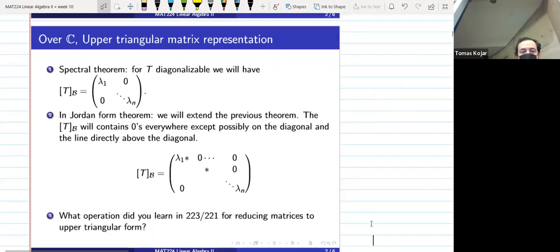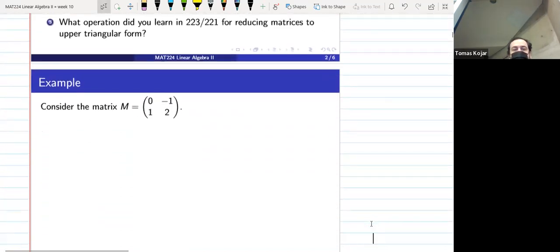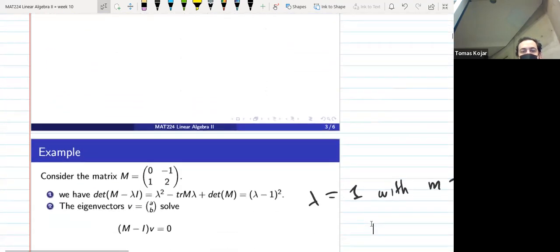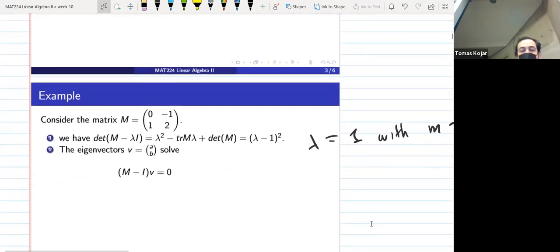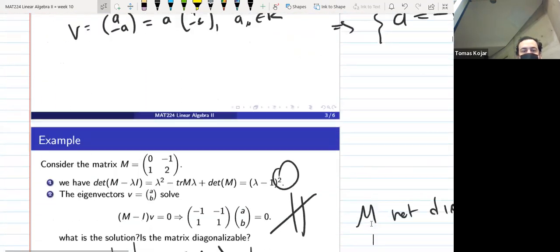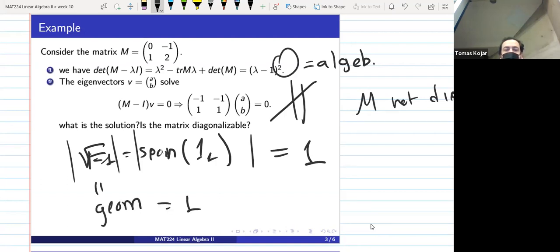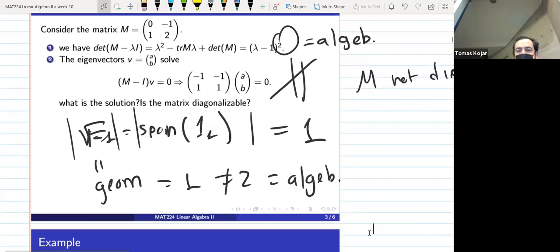Then you learn to do this using Gaussian row elimination. Last time we did this example, which is not diagonalizable. We found the eigenvalues and eigenvectors, and we got multiplicity 2. This is algebraic, this is geometric. Geometric is 1, which is not algebraic. So using our criterion, M is not diagonalizable.